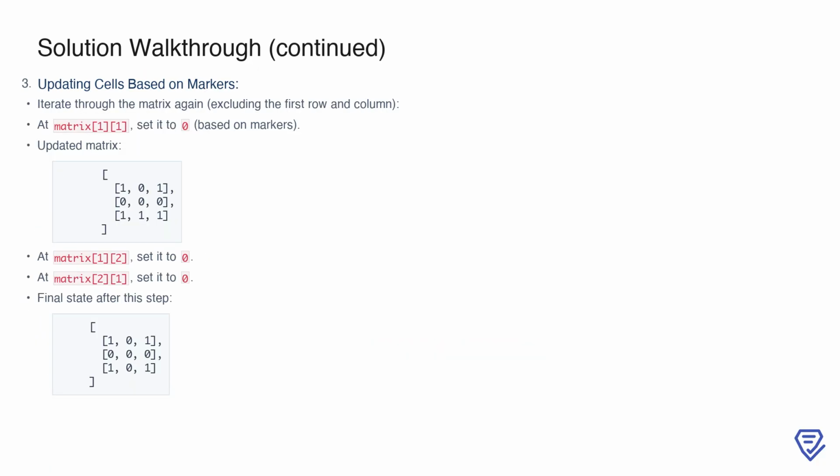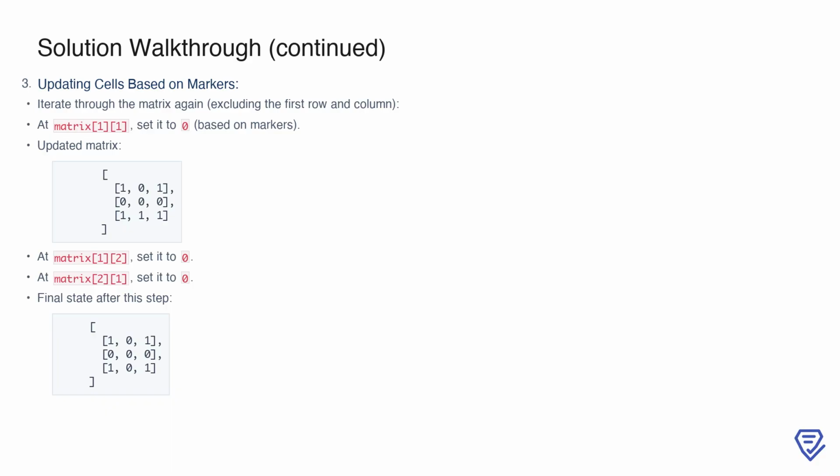Using the markers from the previous step, we now update the matrix. As we iterate through the matrix again, we skip the first row and column and look at the inner elements. At matrix[1][1], the marker in its row and column indicates that it should be set to 0, so we update it. Similarly, at matrix[1][2], its row marker from the first column is also 0, so 2 gets updated to 0.